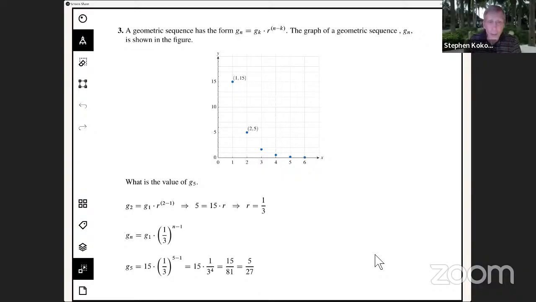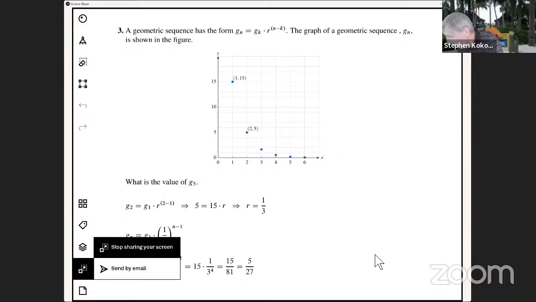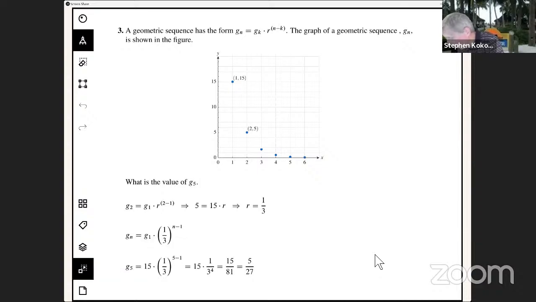What I'd like to do is figure out the value of G sub 5. Here's how I attack this, and there may be a better way to do it. Since I was given G sub 1 and G sub 2, I took a look at this formula and said I've got to be able to write G sub 2 as a function of G sub 1 and R. I know that my n has to be 2 here.